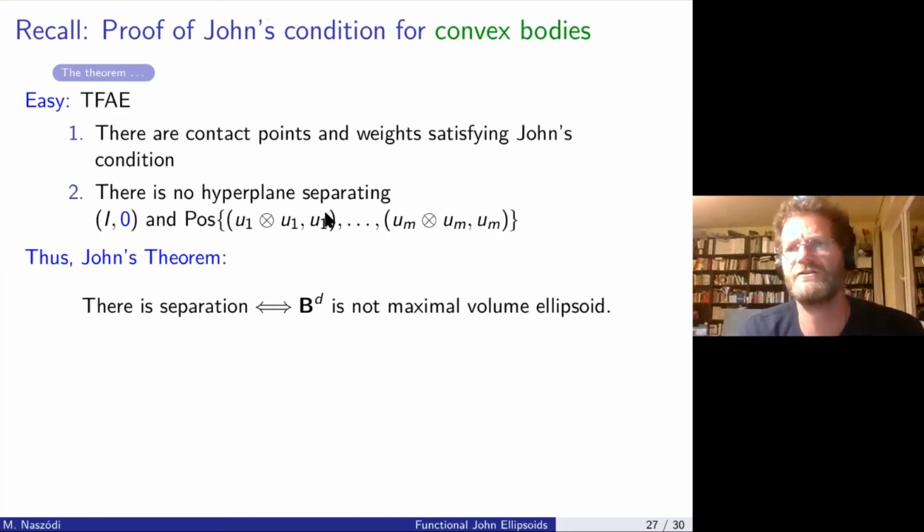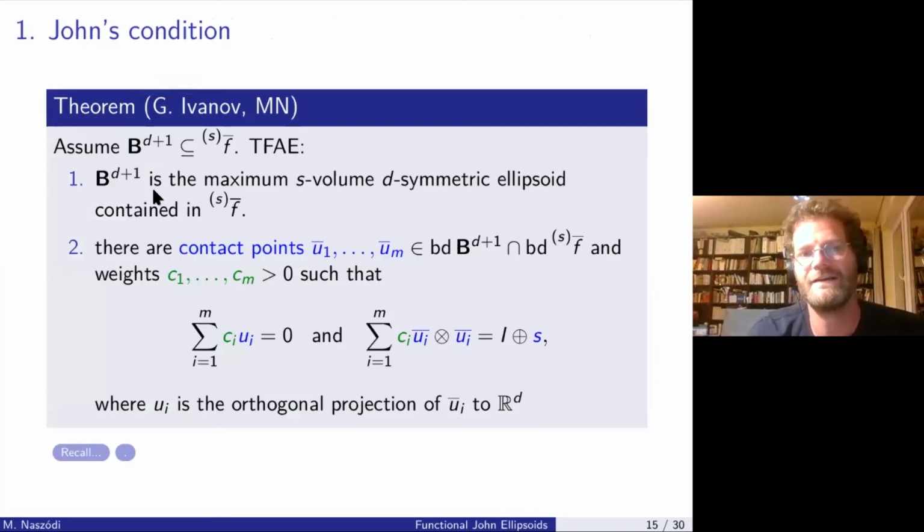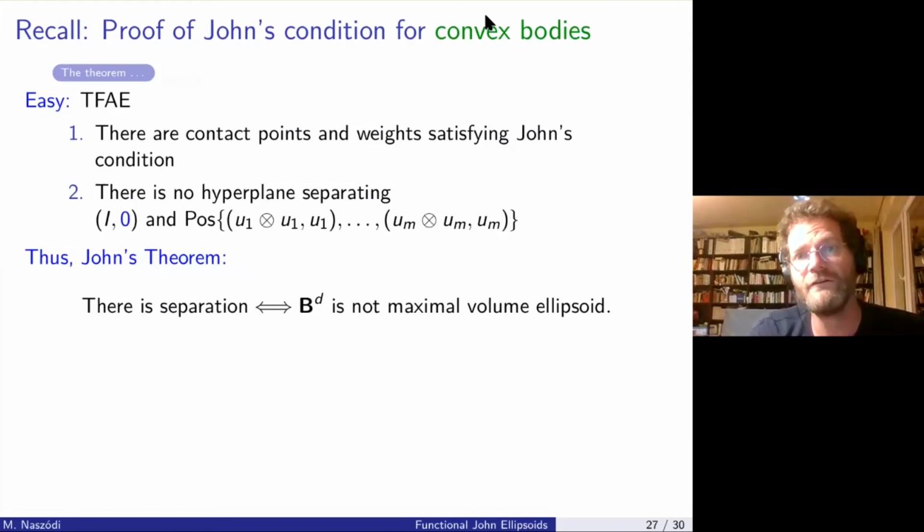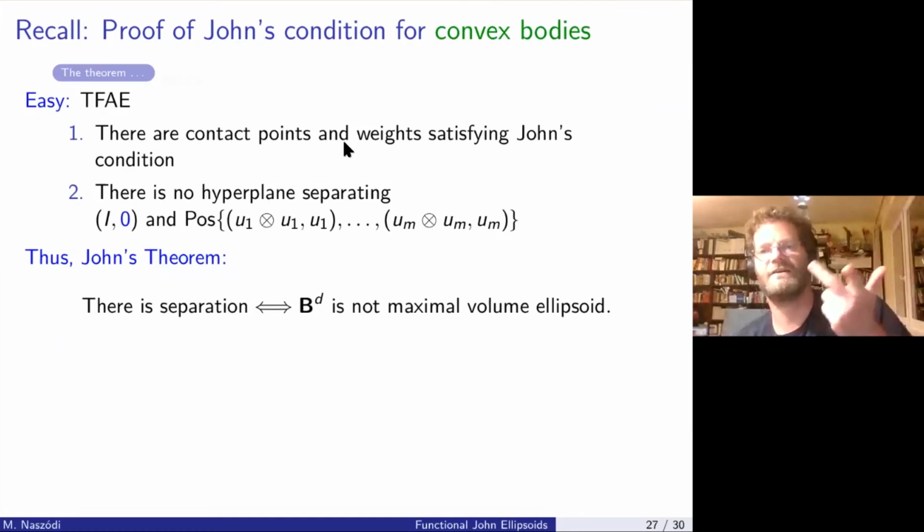So how was John's condition proved for convex bodies? Now I'm just recalling from the theory of convex bodies. How do you prove John's theorem? So here's the theorem. For convex bodies, the theorem says that there are these contact points and weights that satisfy John's condition if and only if, well, this is an easy fact, that those contact points and weights can be interpreted as I_0 being in the convex hull, or in the positive hull, of our u_i or u_i tensor u_i.